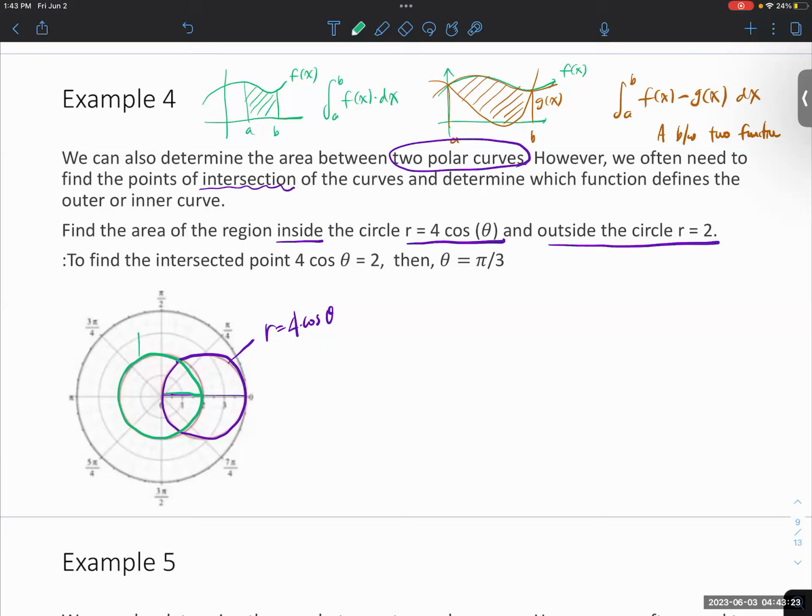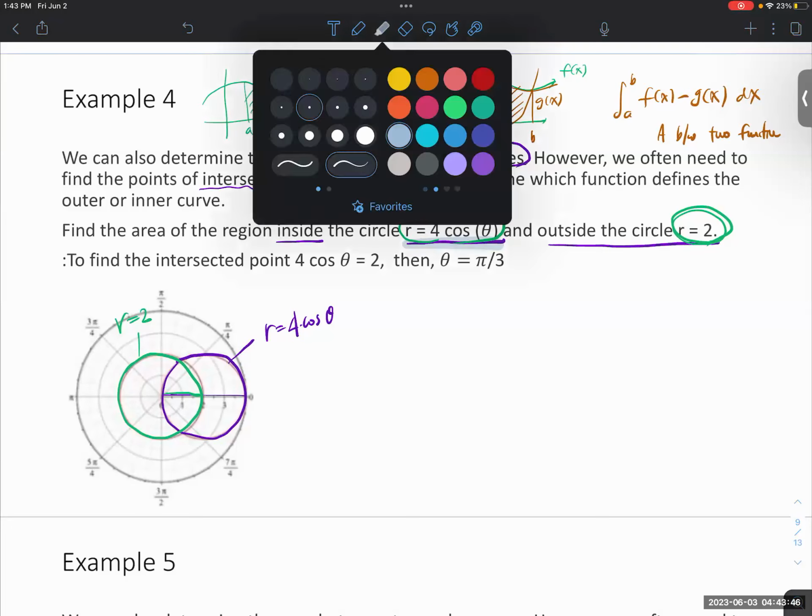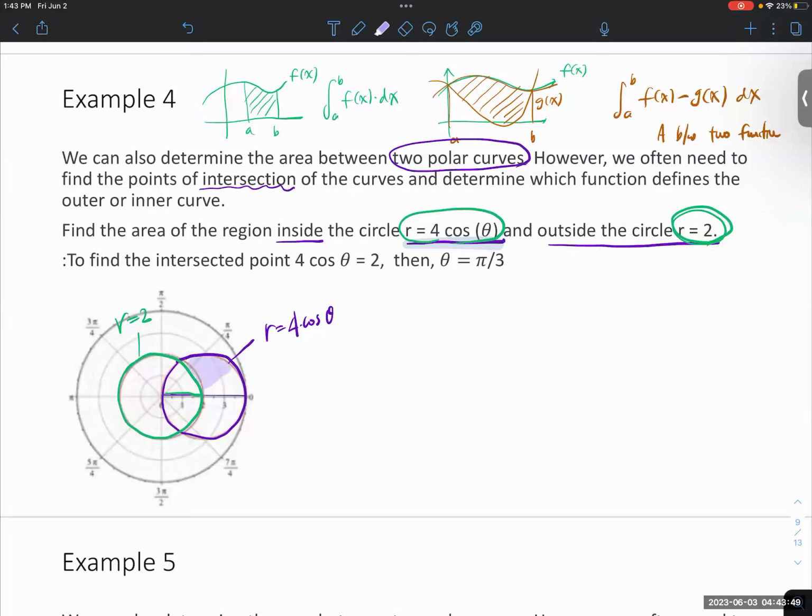This equation is very simple: r equal to 2. So we have two functions. One is r equal to 4 times cosine theta. Another one is r equal to 2. They are looking for the area inside of the purple, outside of the green. So where is that area? This is the area they're looking for.